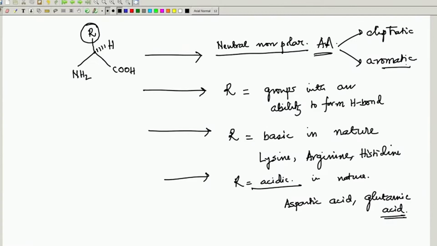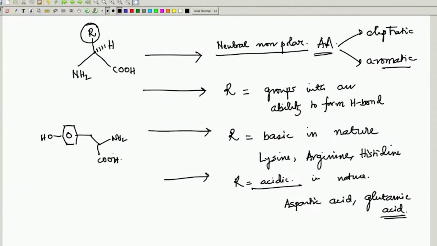Like if I take tyrosine and phenylalanine. Now, tyrosine has an R group which is OH here, a para-hydroxy, and there is CH2 and then NH2 and CO2H.